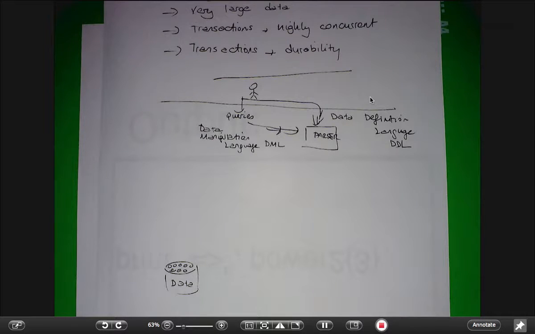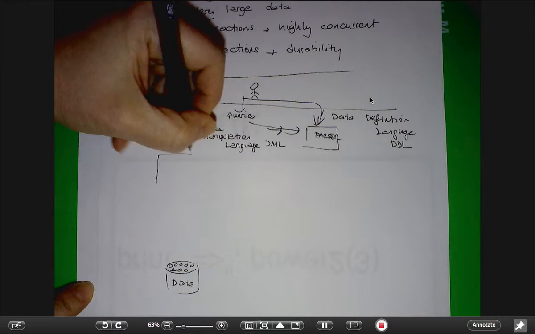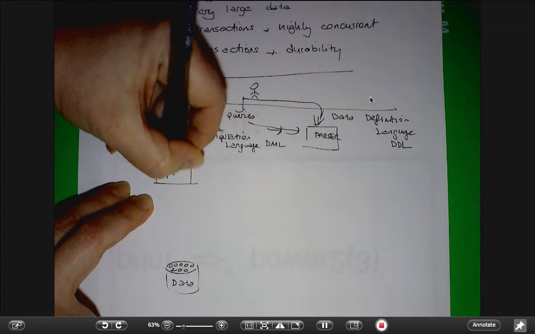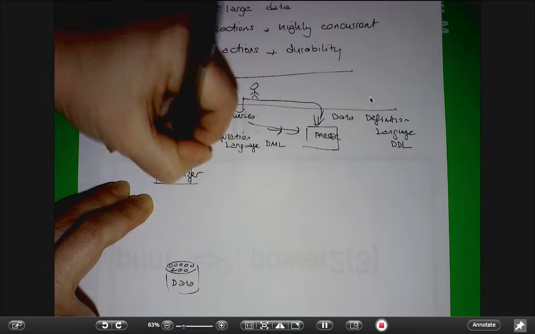So when your query gets parsed, the next thing is that you actually have to execute that query. Given your query, you have to figure out how you're going to execute it by optimizing the query.